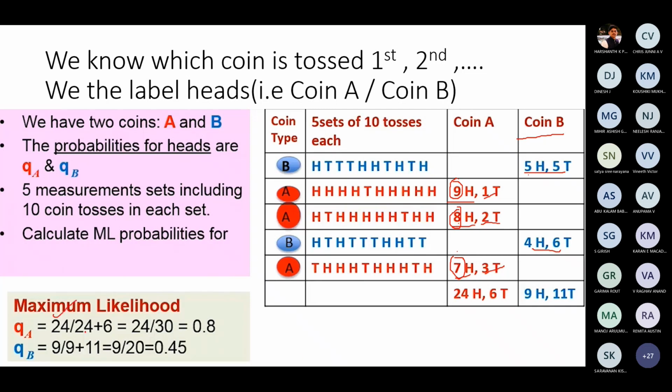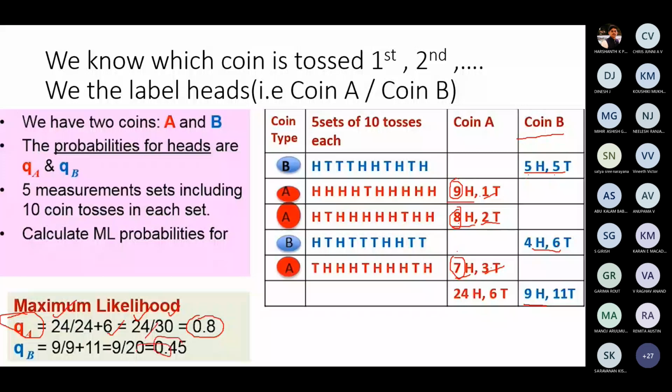So 24 divided by the total number of flips, which is 30, is 0.8 for coin A. Now for coin B, 5 plus 4, 9 heads, and 6 plus 5, 11, so 9 divided by 20 is 0.45.